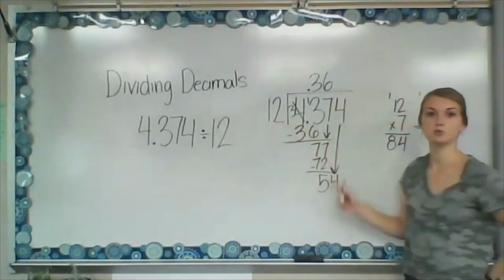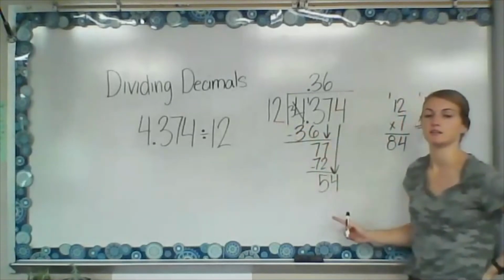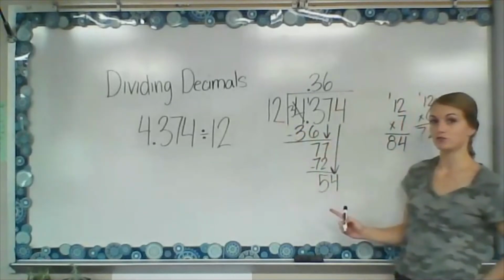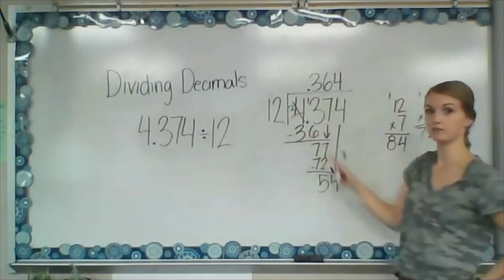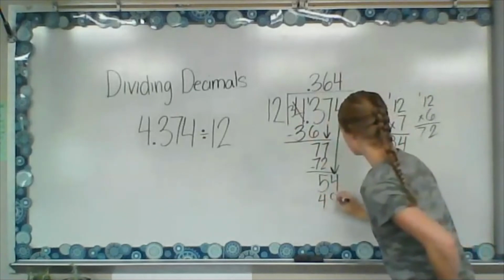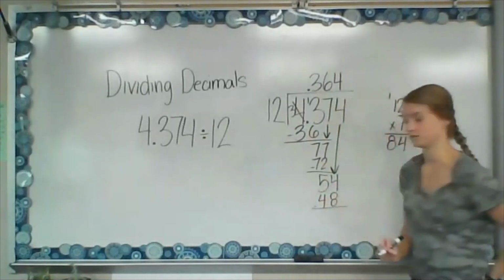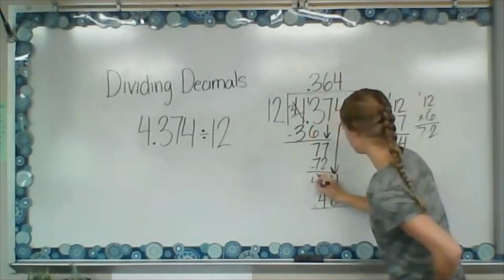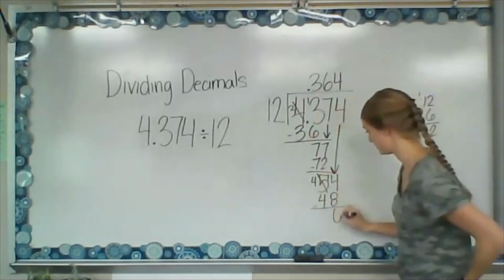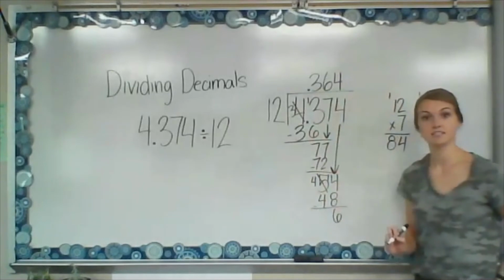Okay, then how many times does 12 go into 54? 4 times is 48, so let's do 4. 4 times 12 is 48. We're going to have to do some borrowing. And I get 6.